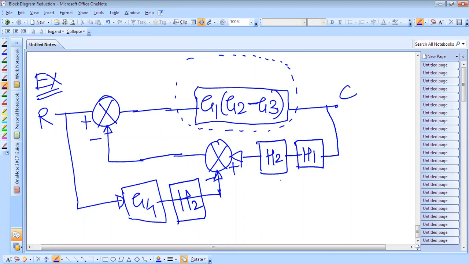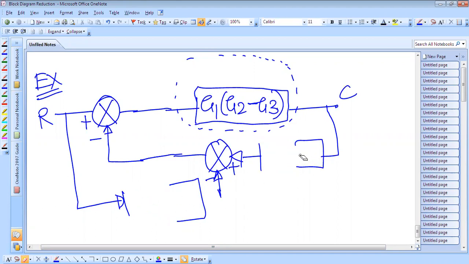After doing this, what will happen? These two blocks are again in series, so we can multiply the gains of these individual blocks into only one block. I can show here only one block and multiply this.